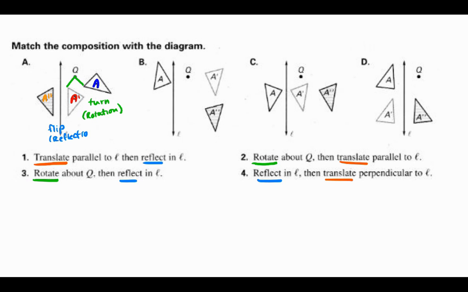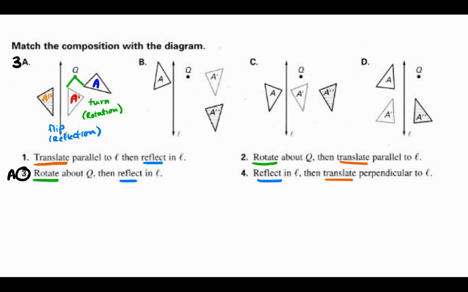So we're looking for a rotation followed by a reflection, which means problem 3 matches this diagram: a rotation about Q, then reflected in line L.